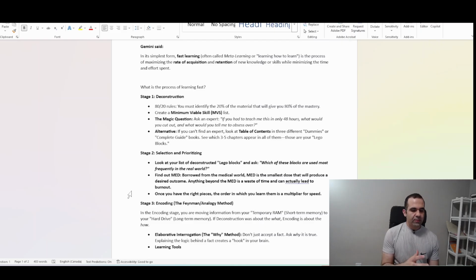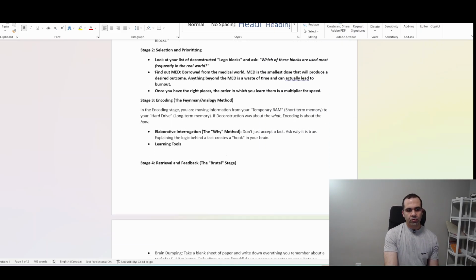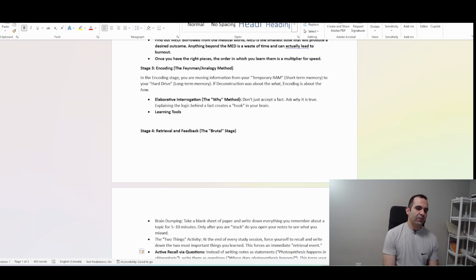In learning, it's good that we ask why, the reasons behind the topic, to understand it very well. We also have different learning tools to do that. The last stage is retrieval and feedback. After learning everything, we close the topic and take 2 to 5 minutes to retrieve what we understood, explaining it to ourselves or writing it on paper.